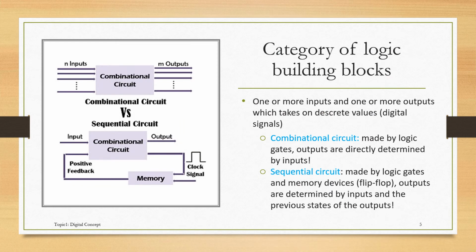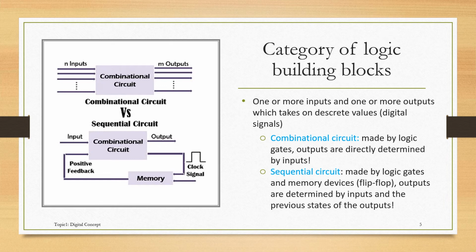The logic building blocks talked about in slide 4 generally have one or more inputs and one or more outputs, which take on discrete values. In other words, digital signals. Those building blocks can also be categorized into two big groups, combinational and sequential. Combinational circuits are generally made by logic gates, and their outputs are directly determined by the inputs.